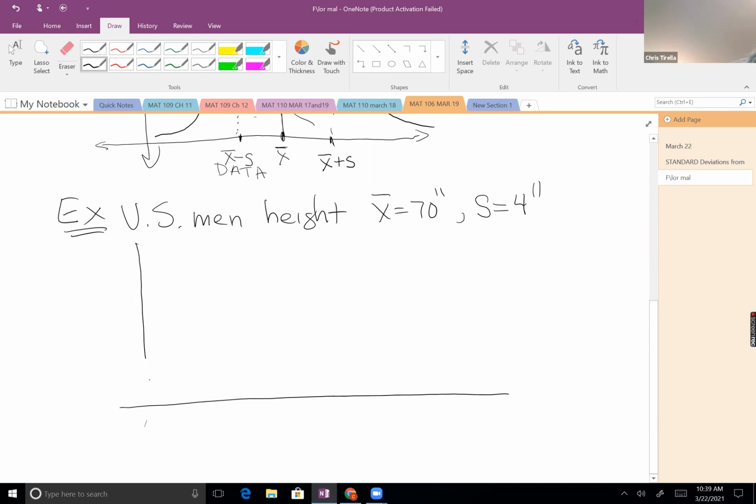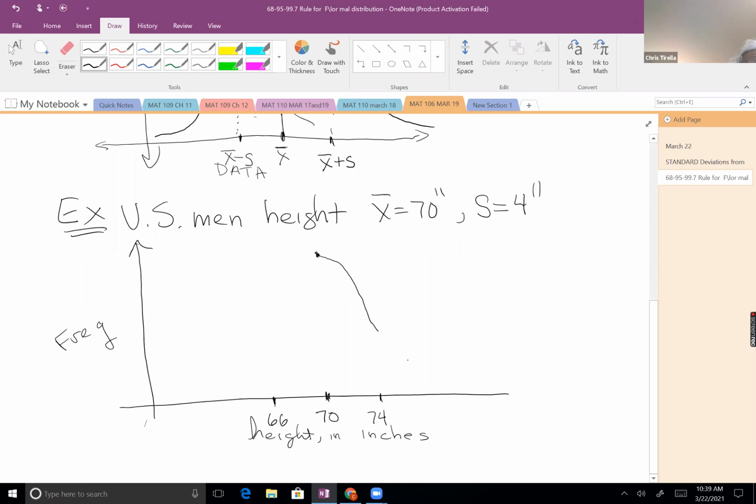And so here, this would be my frequency. This would be my height in inches. My middle number, my mean, is going to be that 70. If my standard deviation is 4, when I add 4, that'll give me 74. When I subtract 4, that'll give me 66. That mean is my highest value, and I'm going to go down from there.